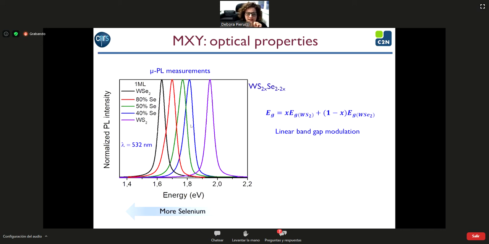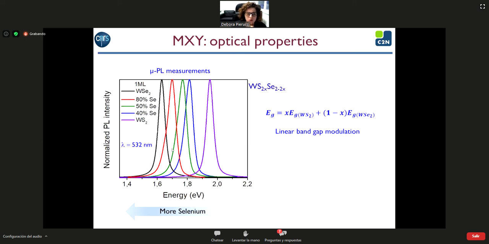As we can see, we find this linear variation of the band gap as a function of composition. This is a PL spectrum obtained with a laser excitation of 532 nanometers. What we see clearly is this linear variation of the band gap as a function of the increasing selenium concentration.